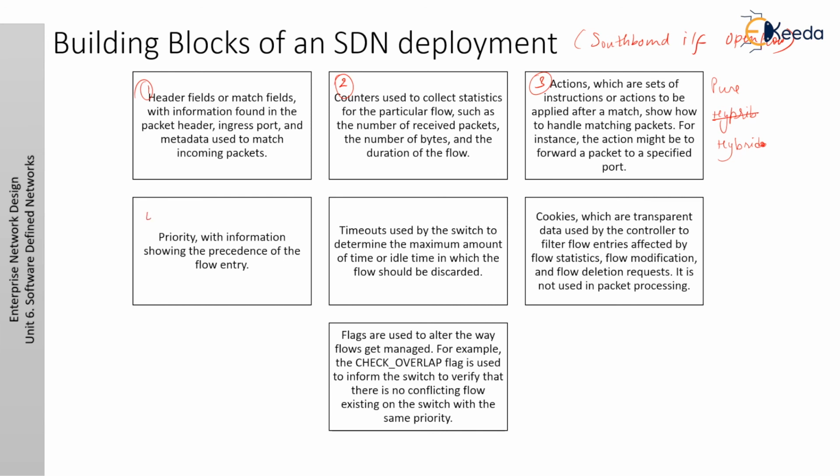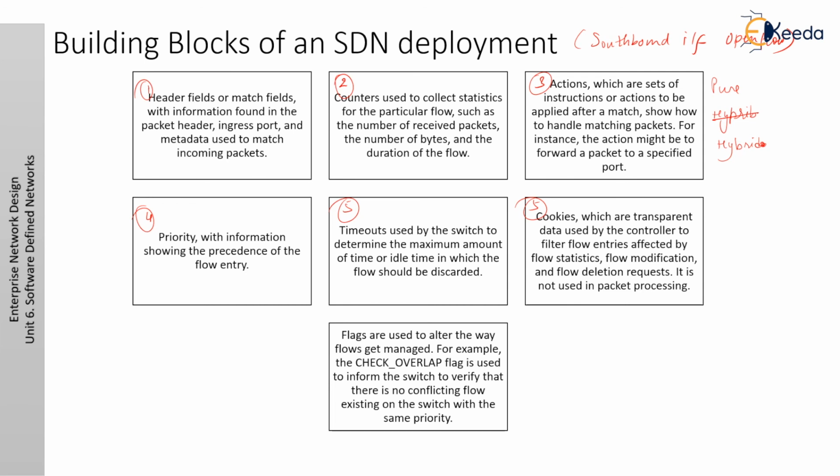Then priority, with information showing the precedence of the flow entry. Then timeout, used by the switch to determine the maximum amount of time or idle time after which the flow should be discarded. Then cookies, with transparent data used by the controller to filter flow entries affected by flow statistics, flow modification, and flow deletion requests.